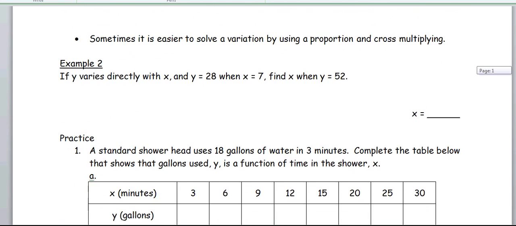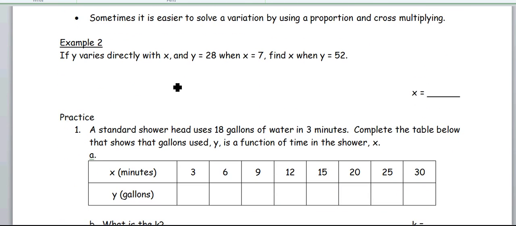Example 2. If y varies directly with x, so here we have our clue, y varies directly. That's telling me, first thing I'm thinking is I need to do some proportions. So my first one is here, 28 over 7, and that's going to be equal to 52 over some x value.